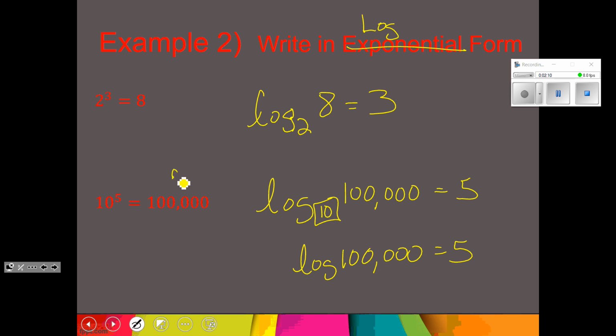If you press math, alpha, math, that will give you your log base key, and you could put that in. Or if you go down on the left-hand side and you just use the log key, you can put that in. So when there is no base, you can use the log key. That just means base 10.